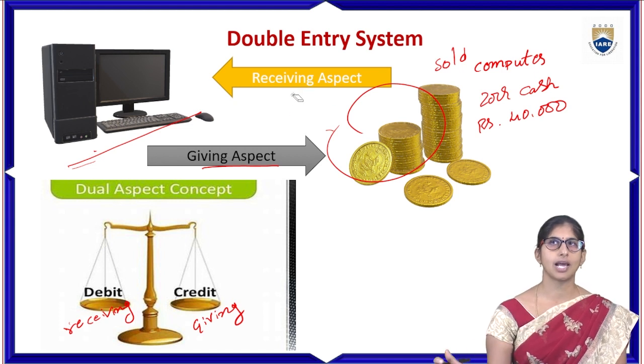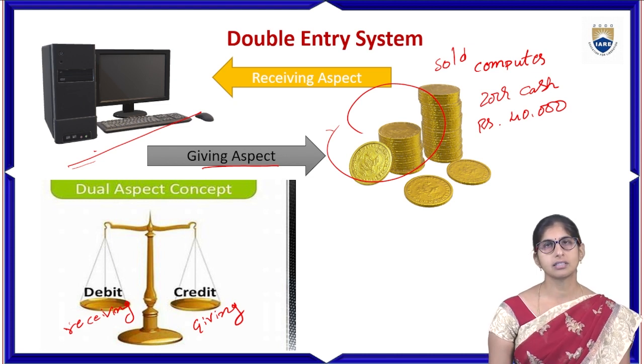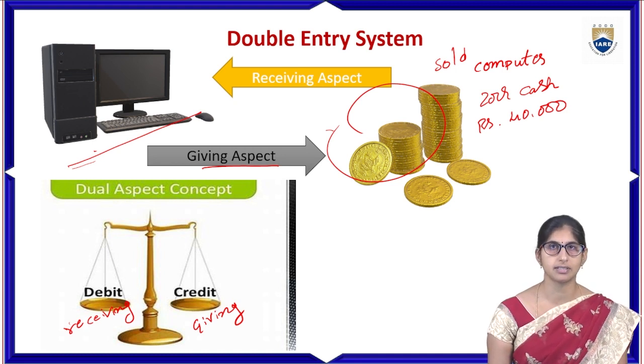Why is this dual entry system important, and why is it in practice till today, and will be there forever? Because it gives the complete financial picture of that particular business, and it also cautions us if we are incurring losses, and it gives the profit for that particular company for a particular duration.